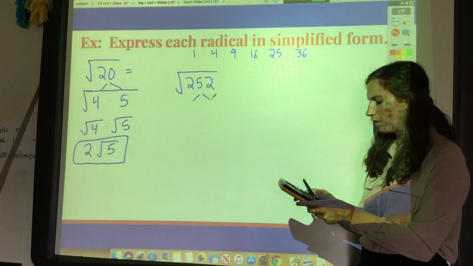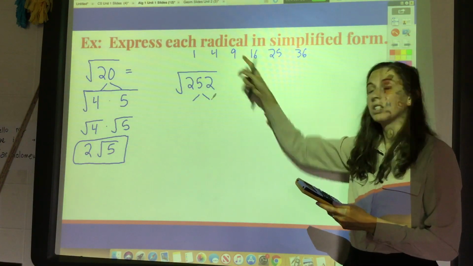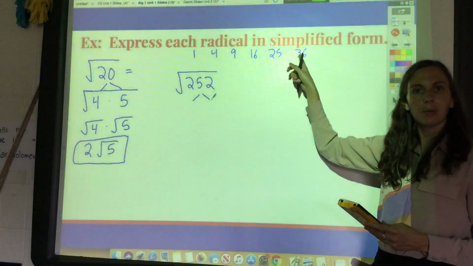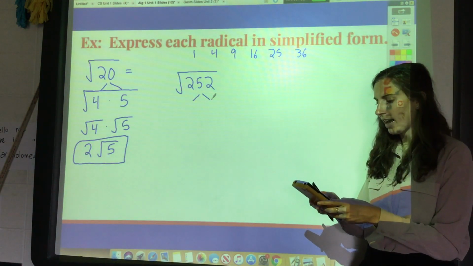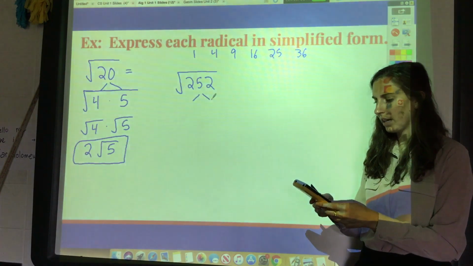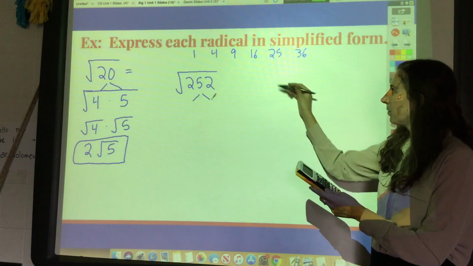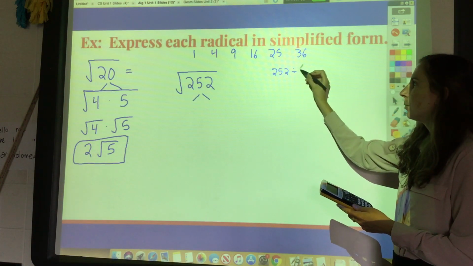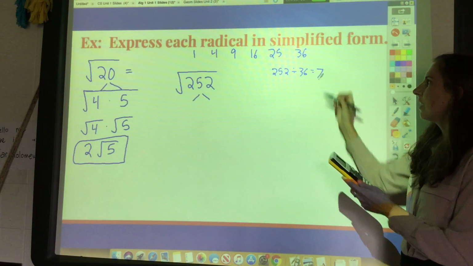Does 252 divide by 9? It actually does divide by 9 too. 4 times 9 is 36, so it probably divides by 36. Let's try that. 252 divided by 36, this is what I typed in my calculator. 252 divided by 36 is 7.